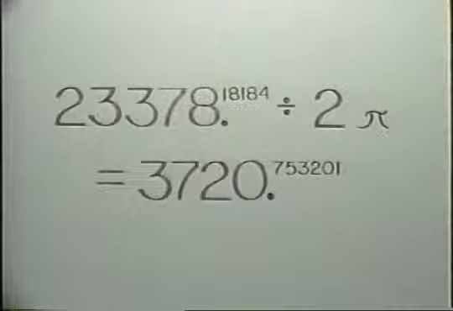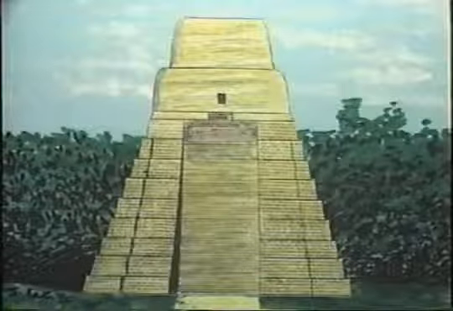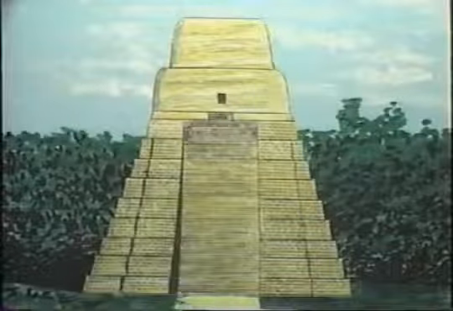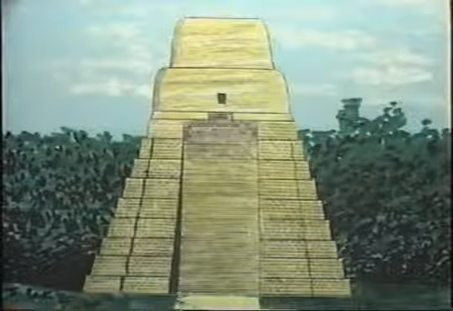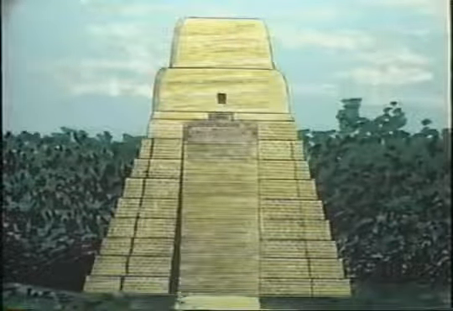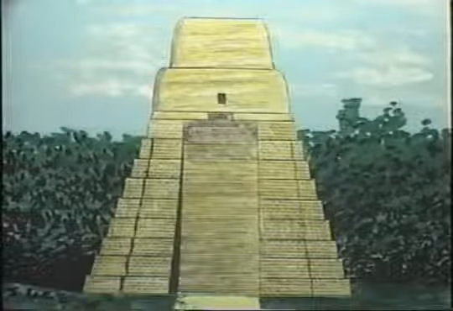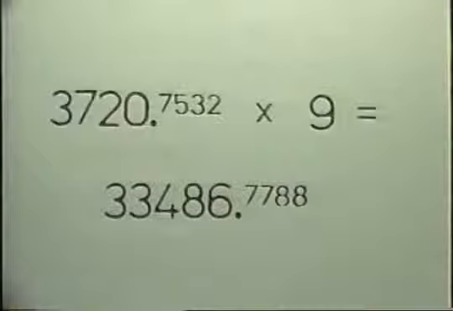As we recall, the grid latitude of Temple 4 was 3720.75, coming from the Sun Pyramid by way of double pi. And now that we've found where it is, notice that Temple 4 has 9 terraces, which feeds a simple equation.